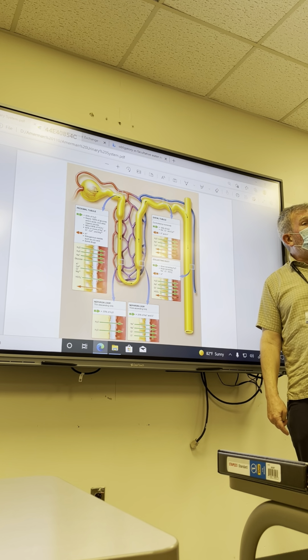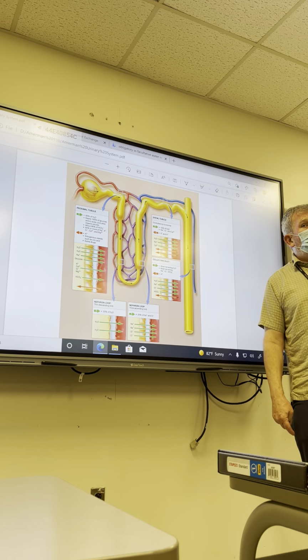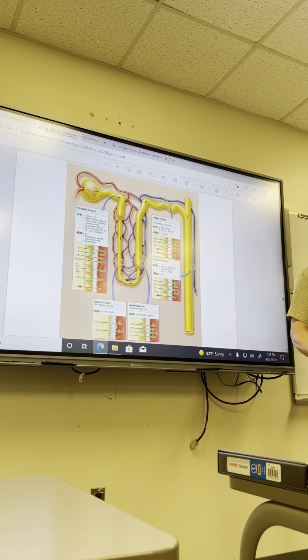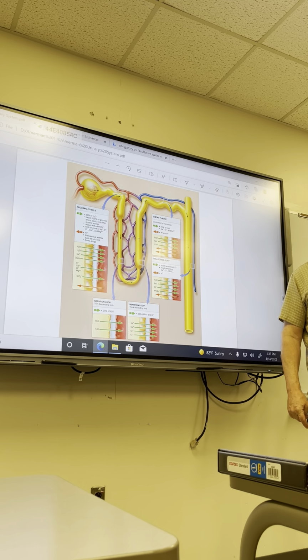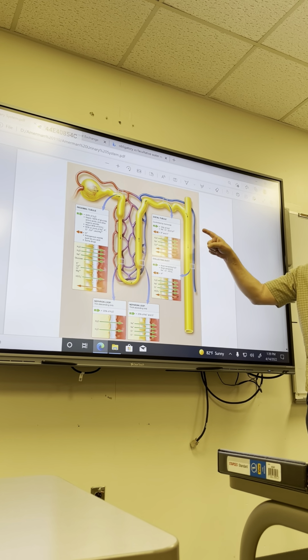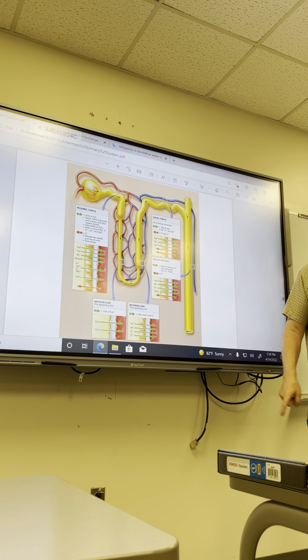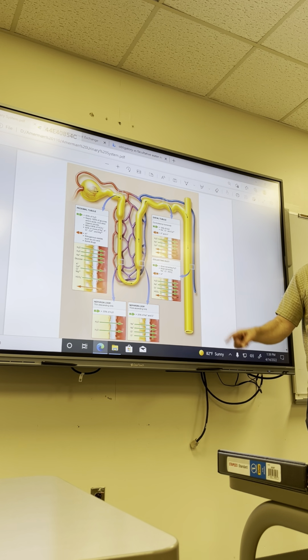But if you're dehydrated and your osmolarity is now going up because you're dehydrated, ADH activates those aquaporins that allow water to pass through. So this area, under the control of ADH, becomes permeable to water. And so in that way, it's going to act a lot like the descending loop.